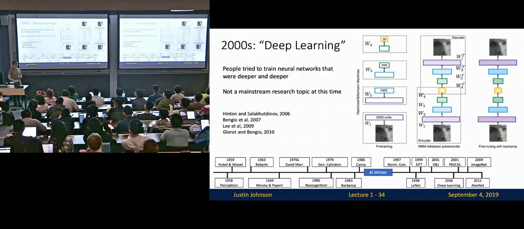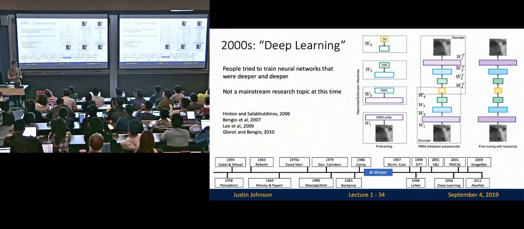Emboldened by this success, there was again a small group of people throughout the late 90s and early 2000s who were really interested in pushing neural net systems and figuring out ways to train neural net systems that were ever bigger, ever deeper, ever wider, and could be used on an increasing variety of tasks. Around this period in the 2000s is where the term deep learning first emerged, where the term deep was meant to refer to multiple layers in these neural network algorithms.